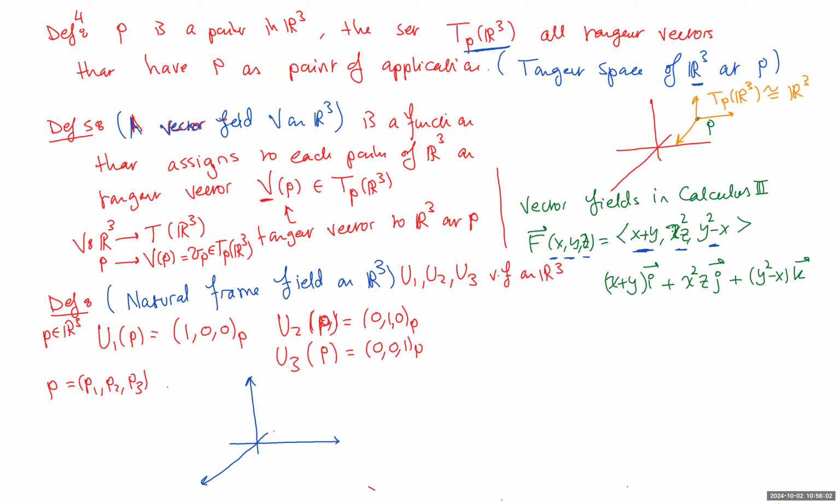It says you have R3, and suppose you have a point P somewhere here.